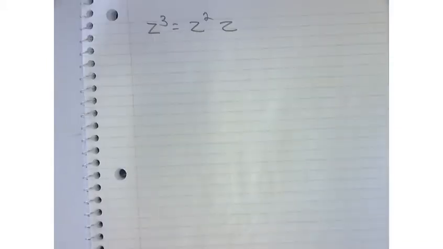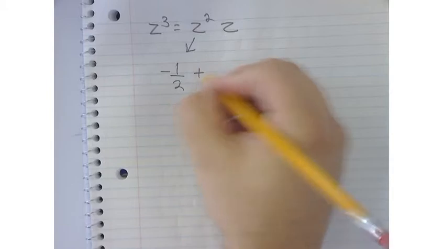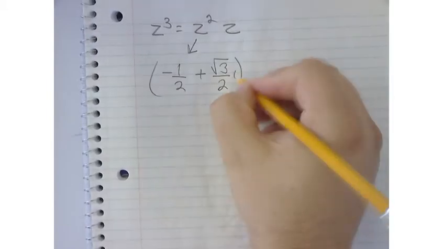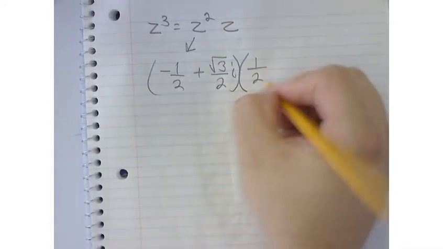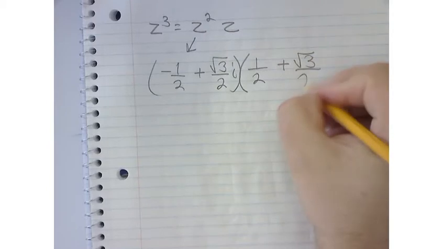So what is z squared? z squared is negative 1/2 plus the square root of 3 over 2i times z, which was originally 1/2 plus the square root of 3 over 2i.